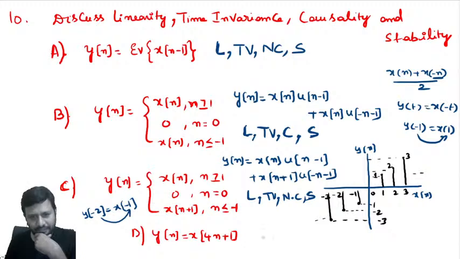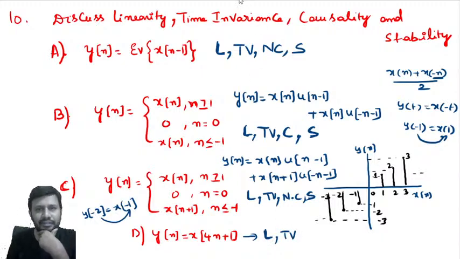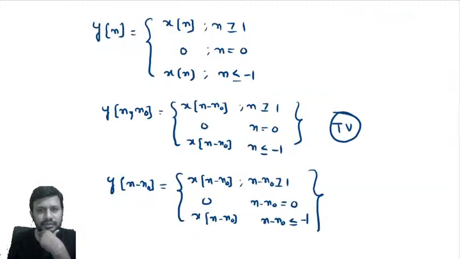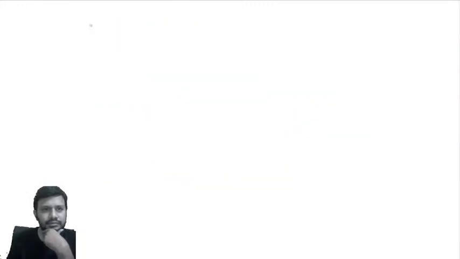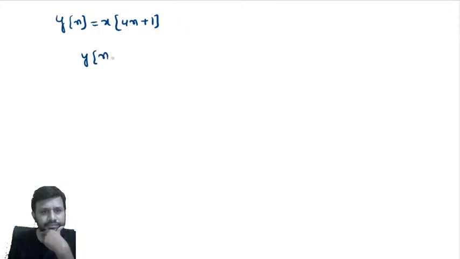And the last one, y of n is equal to x of 4n plus 1, linear, pakka linear. Time variant or time invariant? It is time variant. Delay only the input.